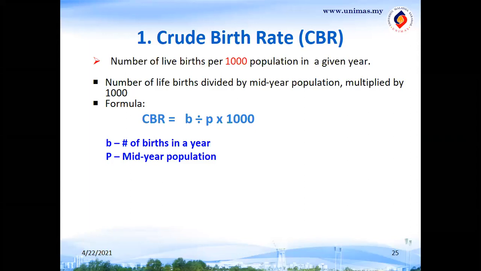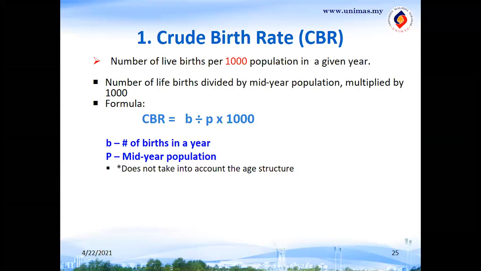If we use the end of the year, it will be more than that. So that's why we use the mid-year population as a representation of the population of the country for that particular year. It does not take into account the age structure, whether one year old or 90 years old. So everybody in the country is taken into account.